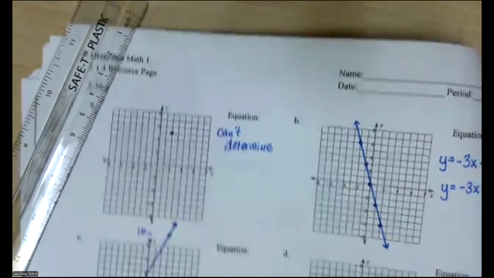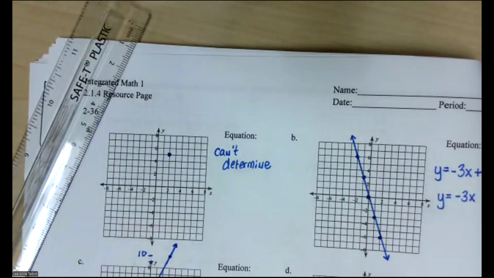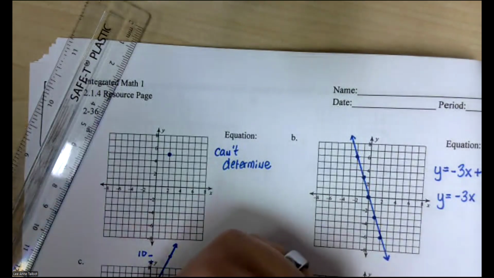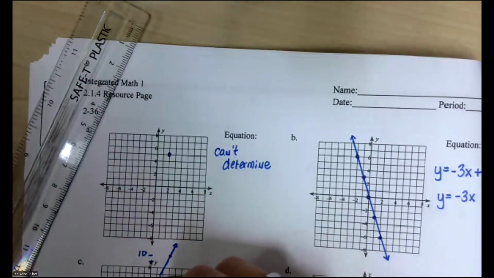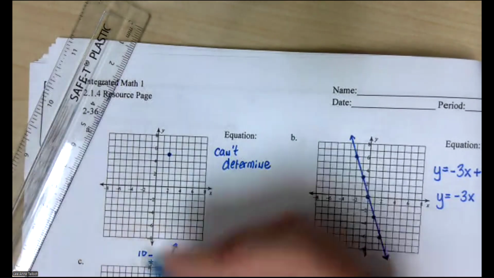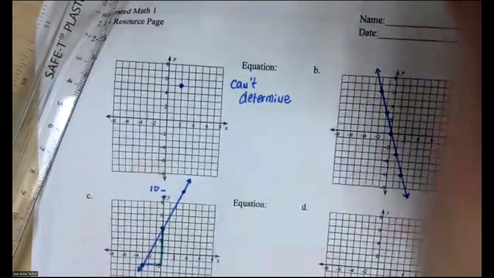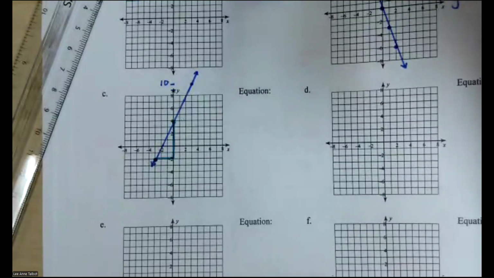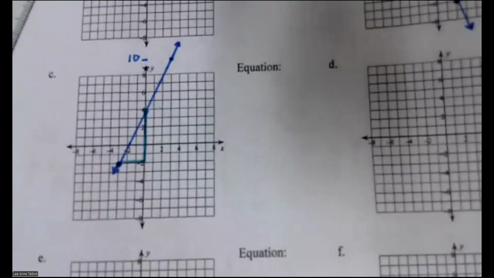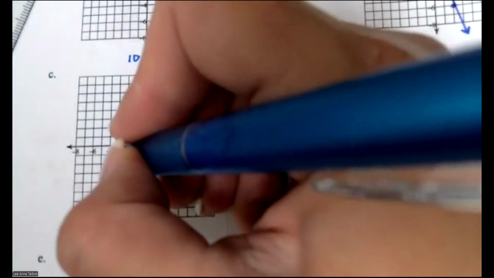All right, now I need the slope, so I'm going to draw my triangle. And I can tell that it's going through 4, so I made a dot at 4. And then I made my triangle between those two dots.